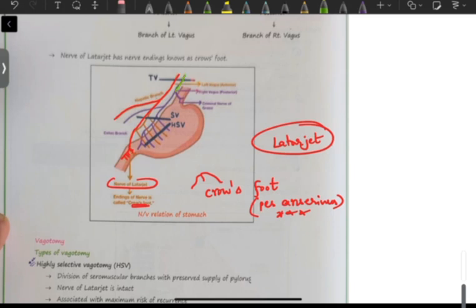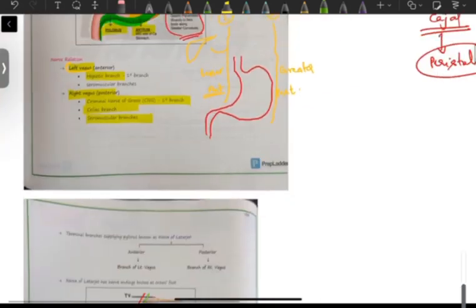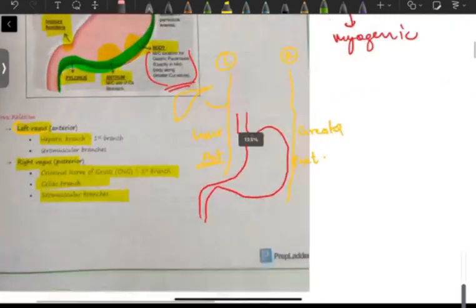So this is right vagus. It gives the first branch, the criminal nerve of Grassi, which is supplying almost the cardia of the stomach. Then it comes down and gives many celiac branches, and then many seromuscular branches, and ends here. I wrote it like this in order to help you out.